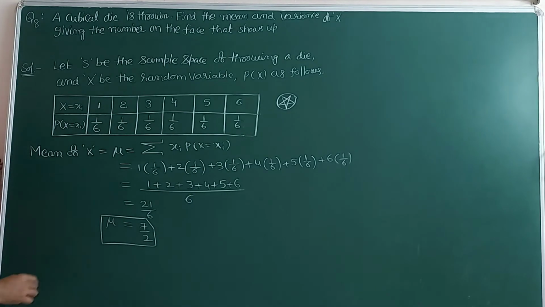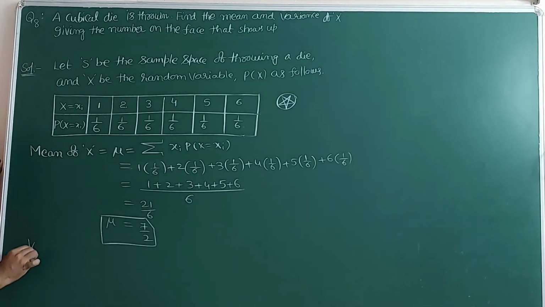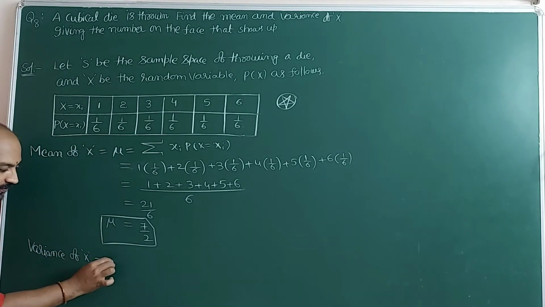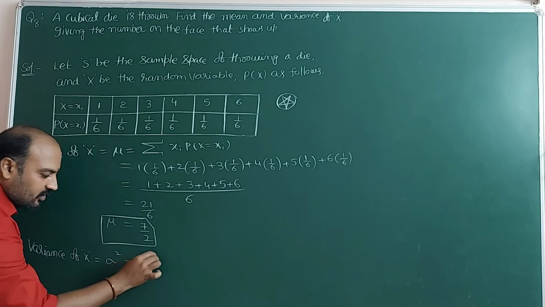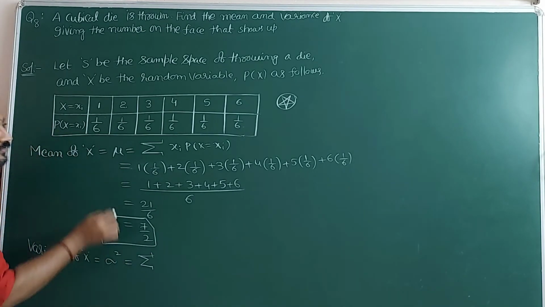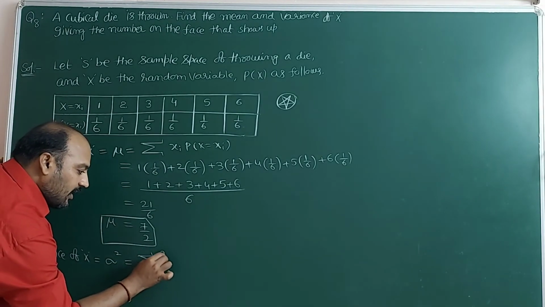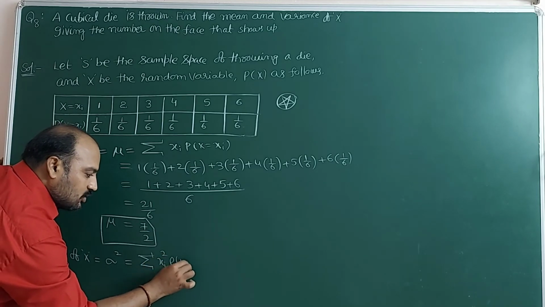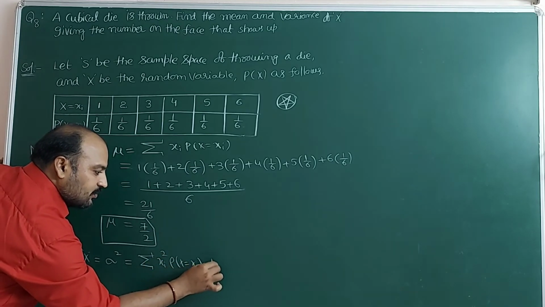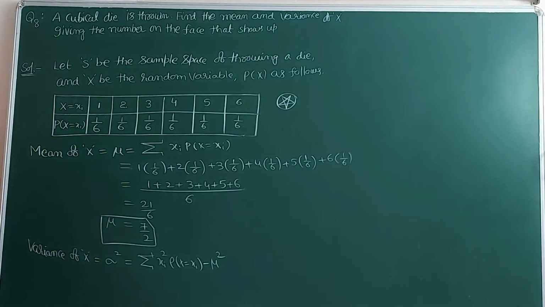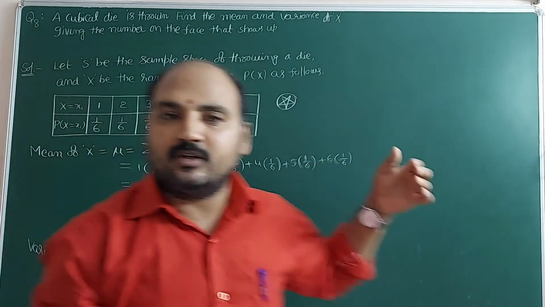I'll write the formula here. Variance of x. The formula for variance is sigma squared, which is equal to sigma xi squared into p of x equal to xi minus mu squared. So these values I will present here.